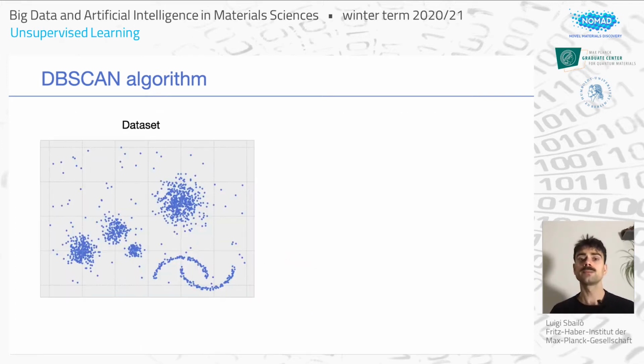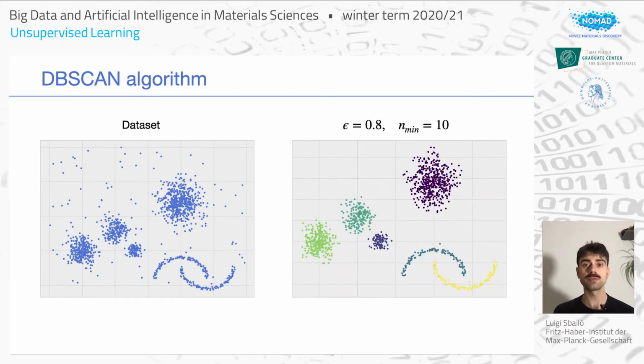We come back to the dataset that we have seen already before, that is constituted by our 6 clusters plus a sea of very dilute noise. In this case we apply our DBSCAN algorithm as described before with the parameters that we can see here, and we can see that it works.